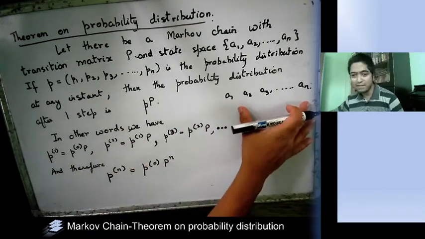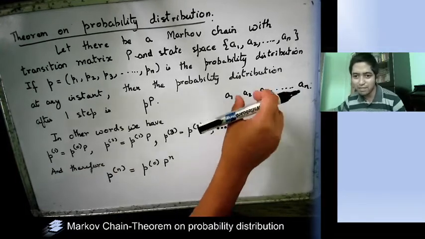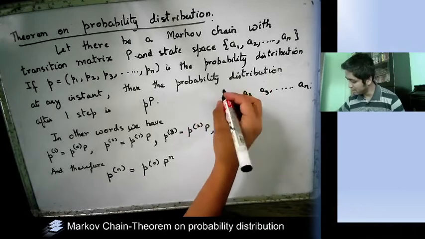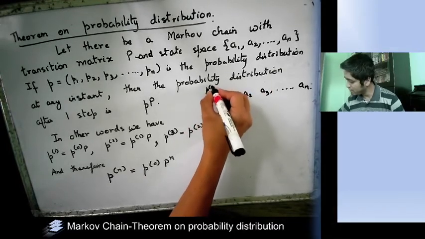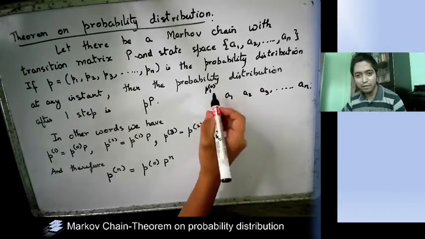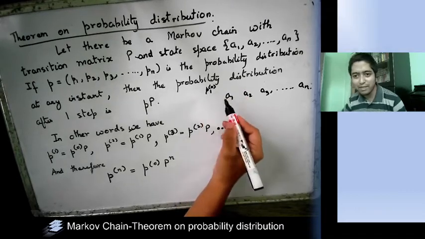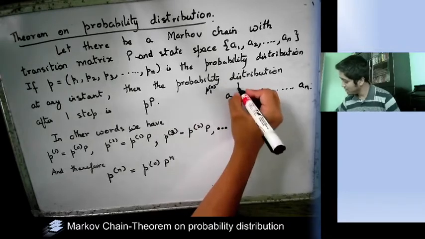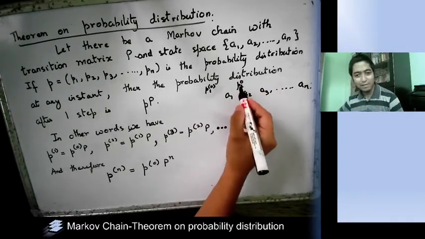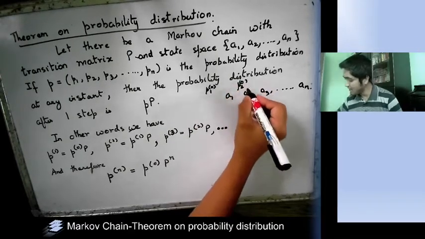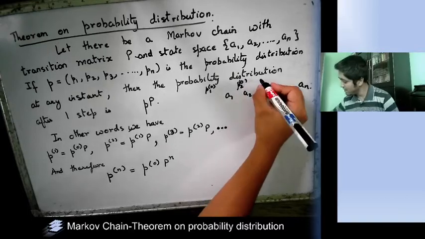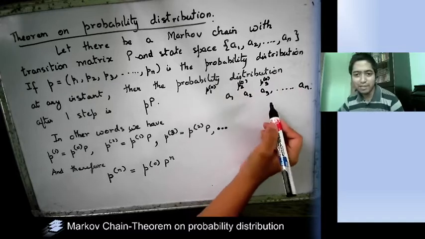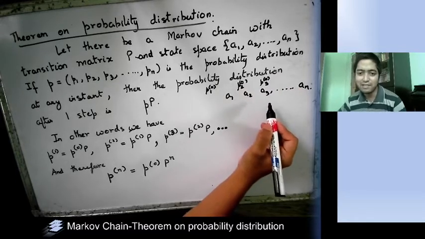Initially there will be a probability attached with each of these states. Let us say it like this: p naught 1 is the initial probability that the state will be in A1. p naught 2 will be the initial probability that the state will be in A2. Similarly, p naught 3 will be the probability that the state is in A3 initially.